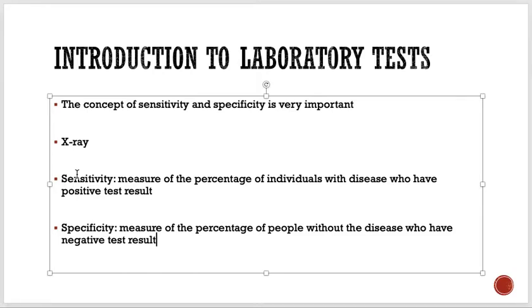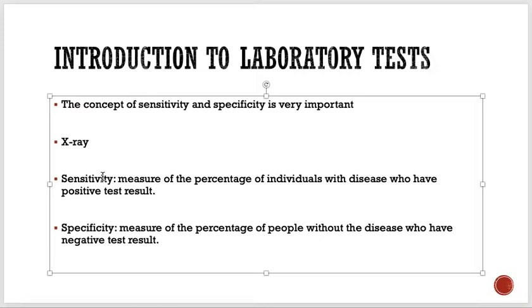So now if the test is 100% sensitive, it means that the test is measuring all those individuals who have disease and the test is giving positive results. So there is no chance that this test is going to give you a false negative result, because the test is 100% sensitive.